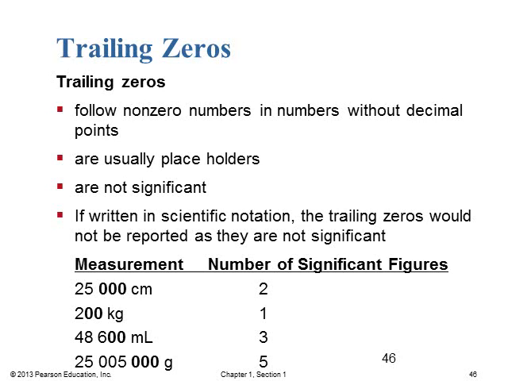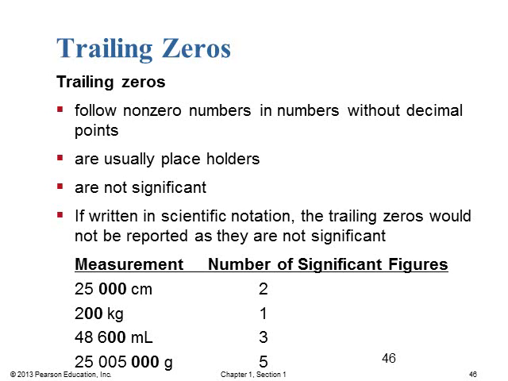They're just holding their place and making the number look large. One way that I remember that is if you write these numbers in scientific notation, you're not going to report these trailing zeros. They're just going to be basically cut off because they're not significant.